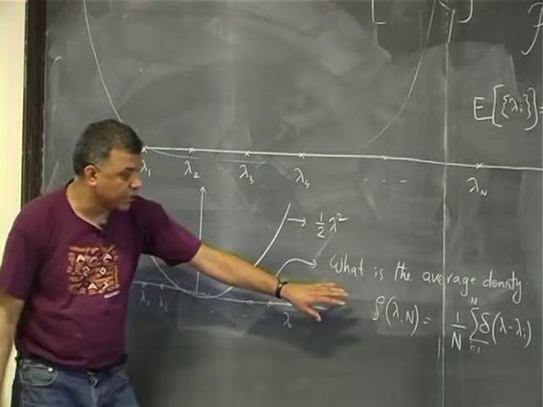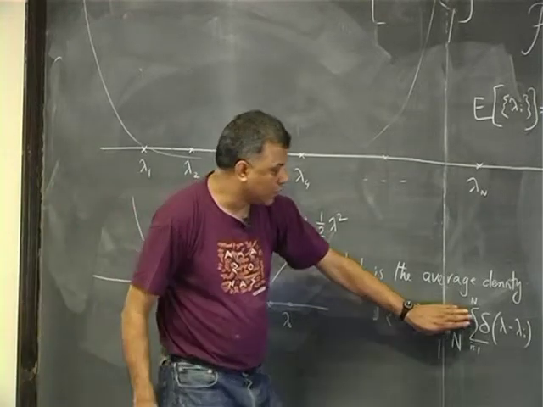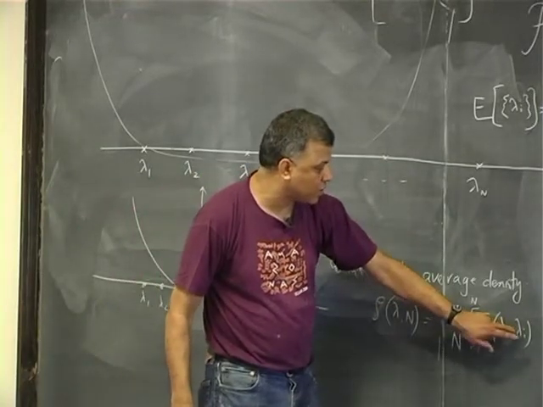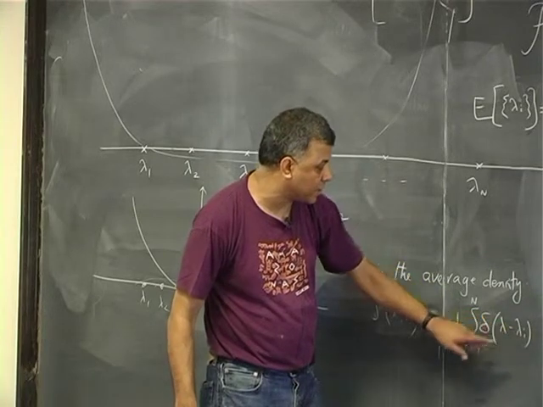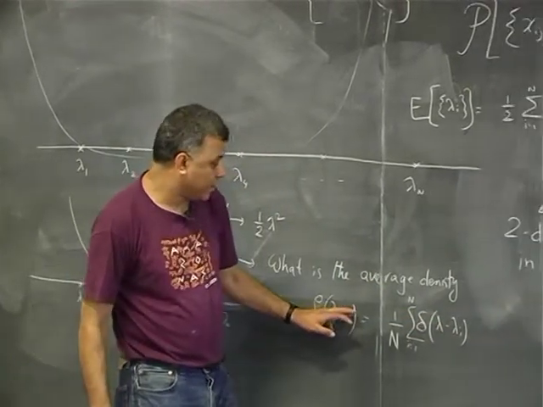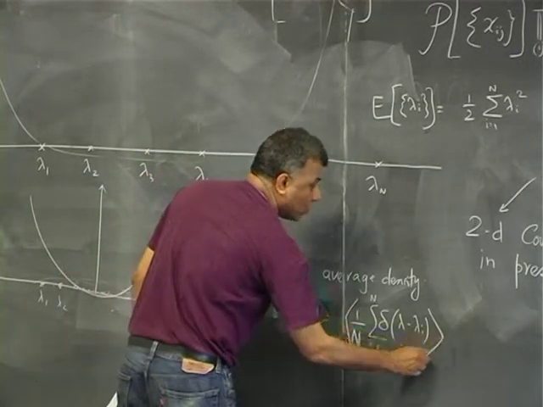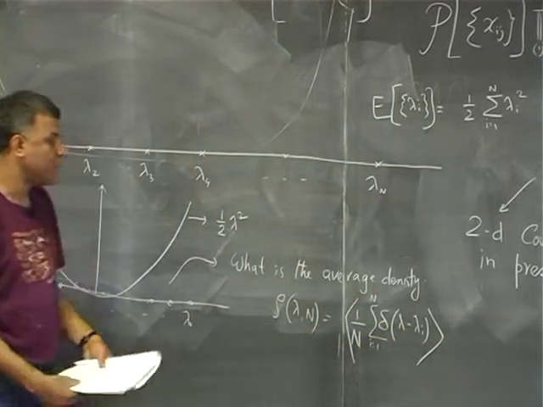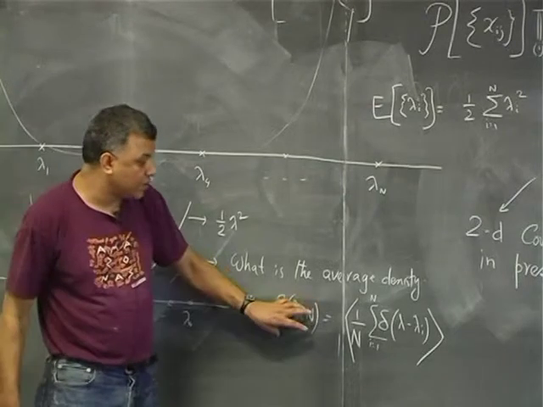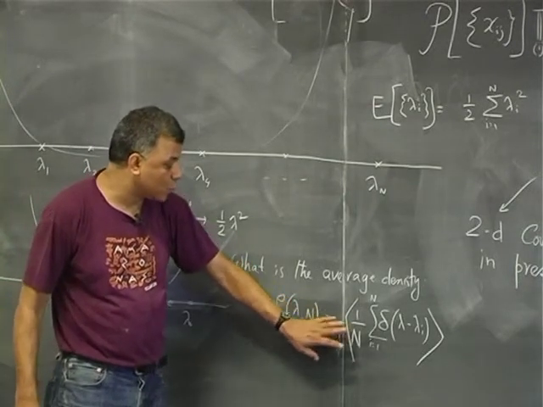What is this object here? This delta function counts just how many eigenvalues are there between lambda and lambda plus d lambda. So when I take the average with respect to this Boltzmann weight, this is going to be the average density of particles, normalized to 1, okay?